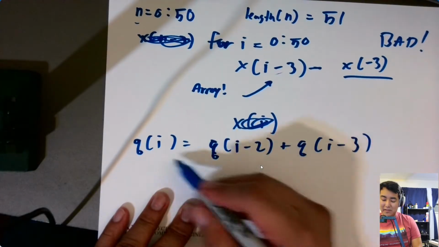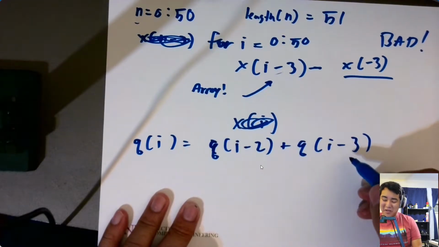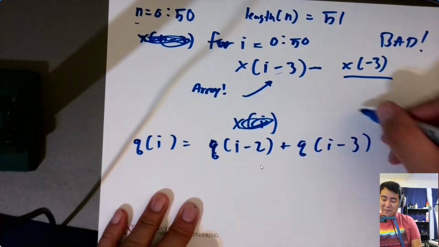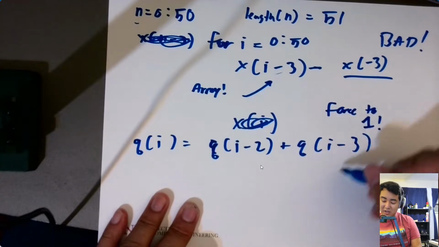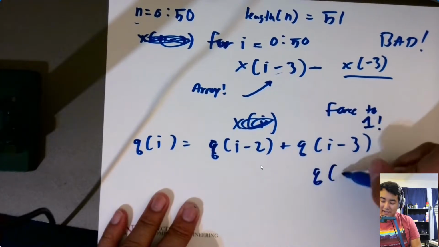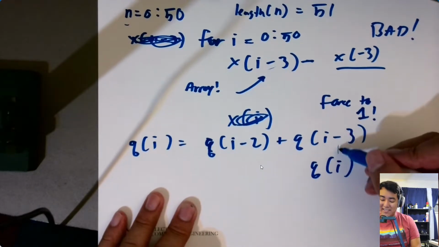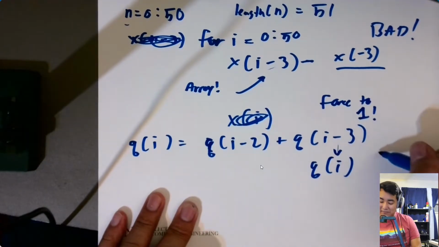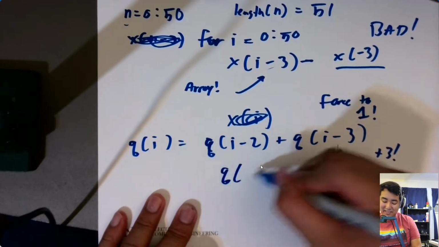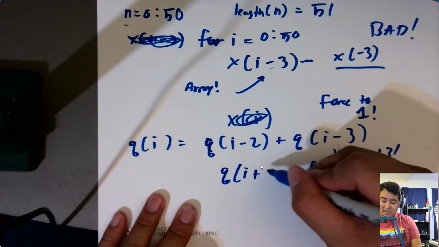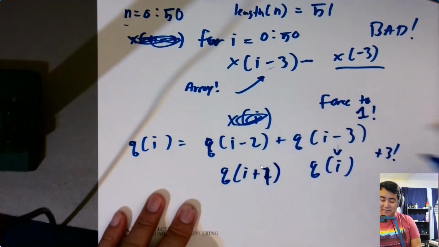We're gonna play with this. If you wanted to, though I highly do not recommend it, you can try to force this to 1, where you make this one q of i. But then what did we add to this? We added 3. So that means this also gets added by 3. i plus 2. 2 minus 1 is 1, sorry.